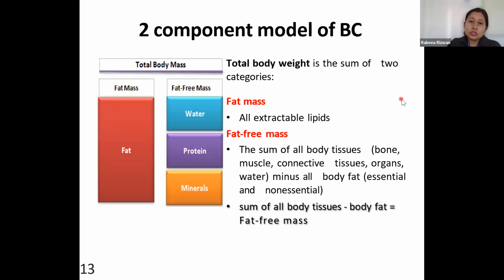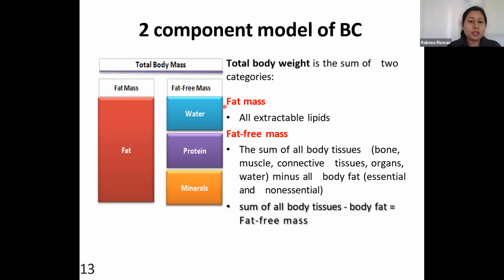You had done the 2-component model, and how microscopically our body can be divided, and how our total body mass can be calculated by adding the fat mass, both essential and non-essential, to the fat-free mass. What constitutes fat-free mass? Water, protein, and minerals.